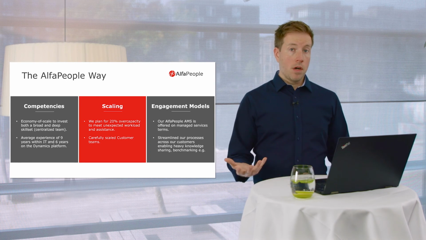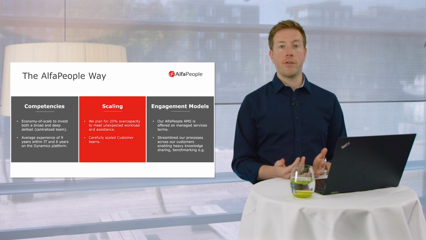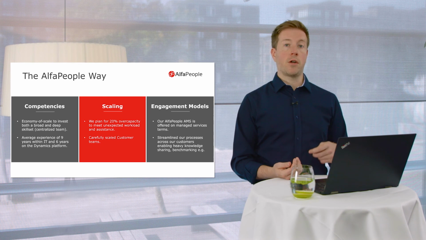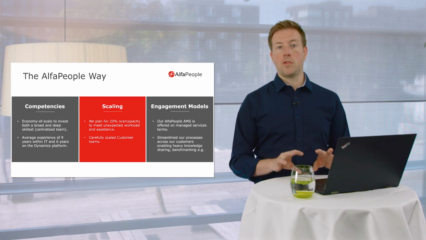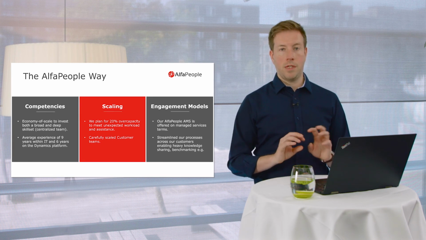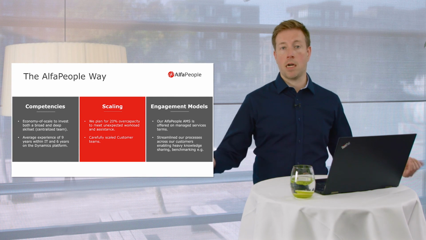In terms of engagement model, our AlfaPeople AMS services are offered as a managed service, meaning that everything is included. It also means that we are going pretty far on using our processes, our tools, our templates towards our customers, because then we have the benchmark across the customers.